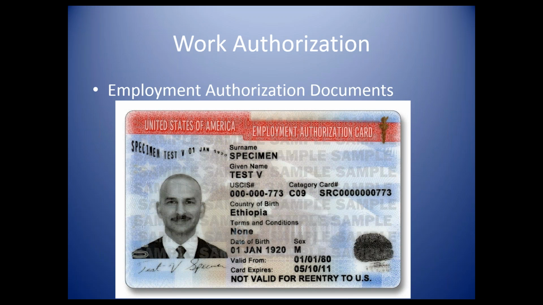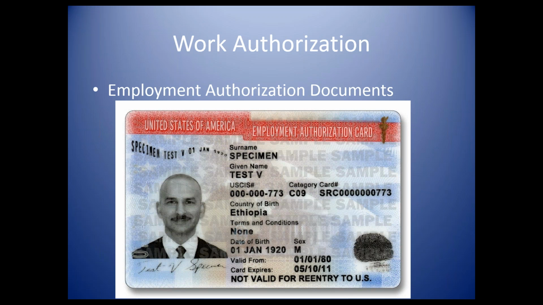Now, there are many immigrant classifications that we talked about earlier where you can have a work authorization card. So it's a general bit of information again, but having an employment authorization card does not necessarily mean you have legal status. So it's sort of interesting in that respect.